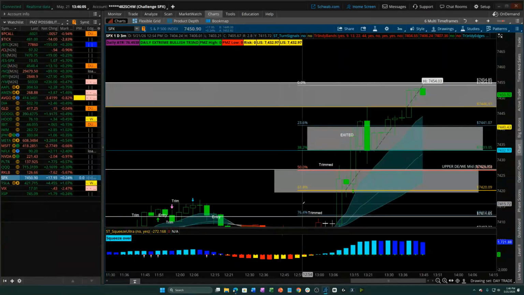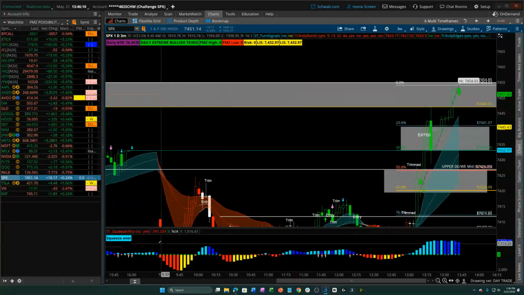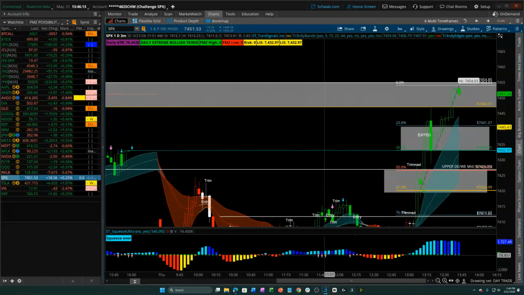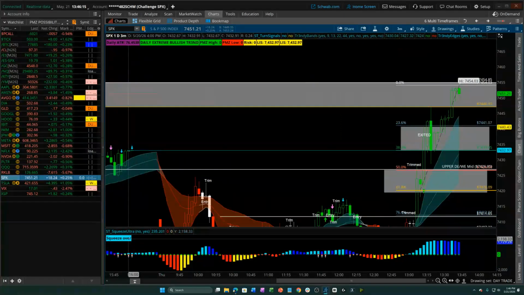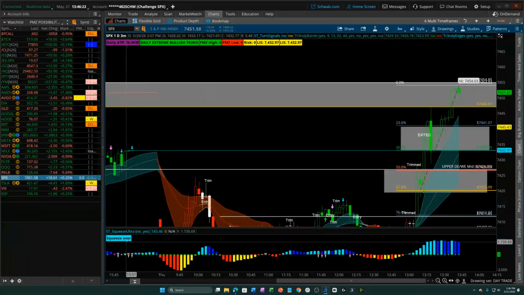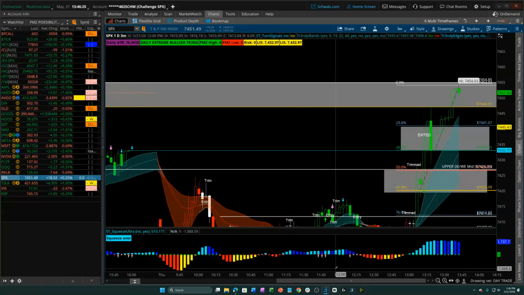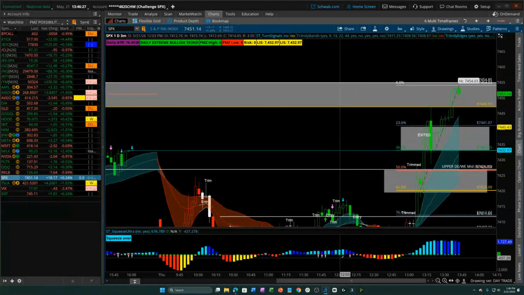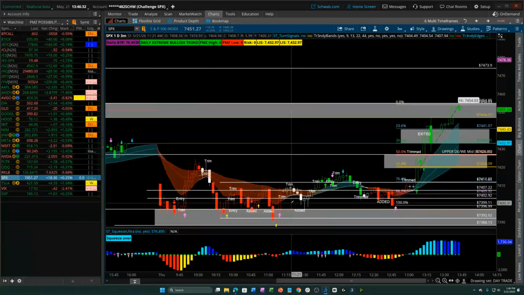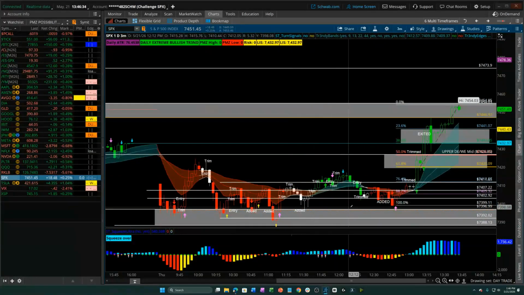If you're a squeeze trader, if you grew up with the squeeze, John Carter, our founder of Simpler Trading, developed the squeeze many, many years ago before I was trading options. But the squeeze ultra, I was talking to the SPX room and we were down here and I was like, golly, guys, if we can get this squeeze ultra to fire to the upside, we are in the money.